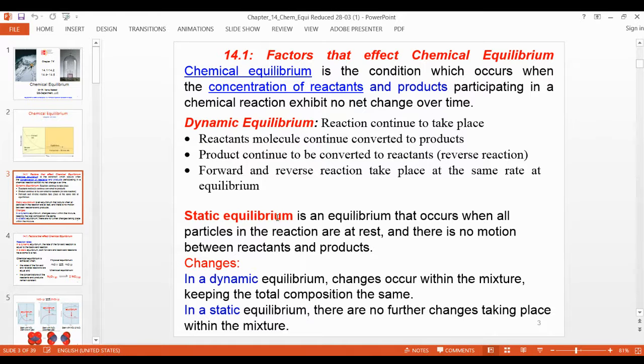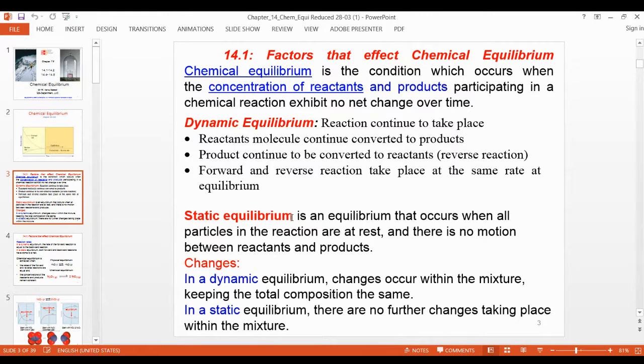Second is static equilibrium. Static equilibrium occurs when all the particles in the reaction are at rest, with no dynamic change. Dynamic is continuous change from reactant to product, but in static equilibrium there is no change, it is at rest, with no motion between reactant and product.